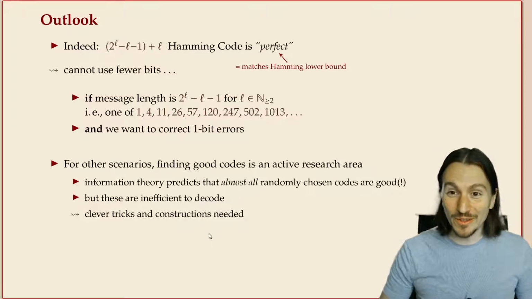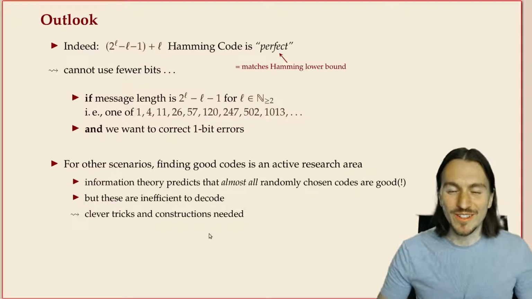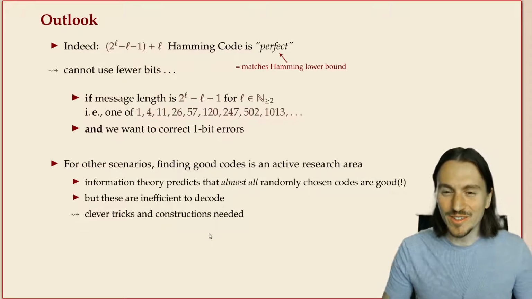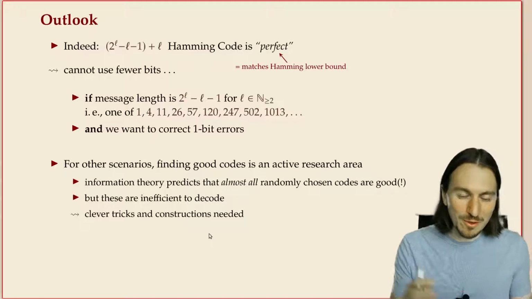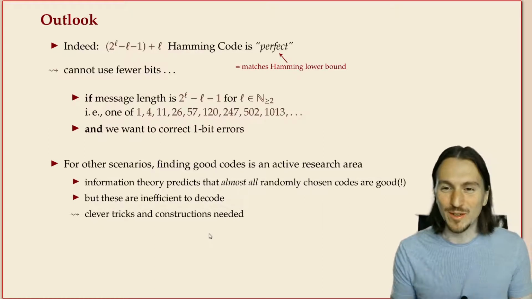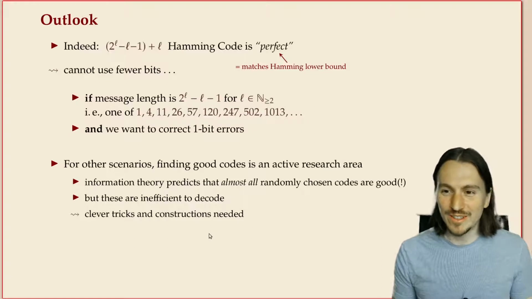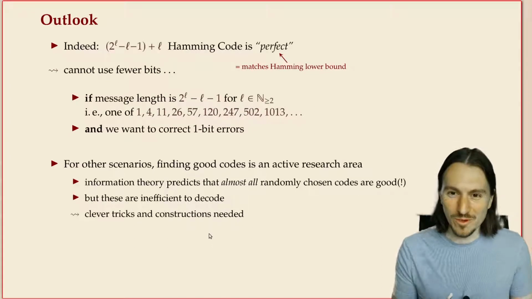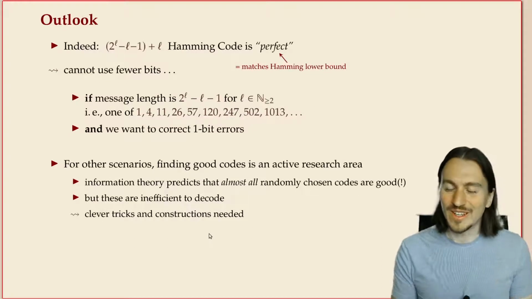With that little outlook, I want to conclude this Unit 8 on error correcting codes. We've seen a few lower bounds, a little glimpse of the theory behind this, and we've seen the Hamming codes, a very nice little example where everything works out nicely.